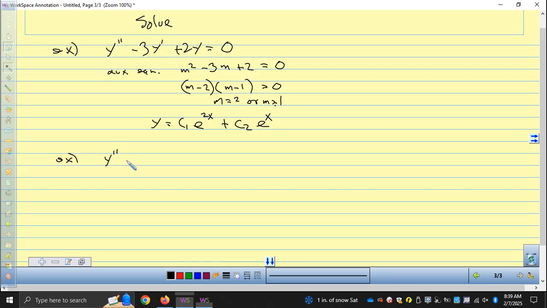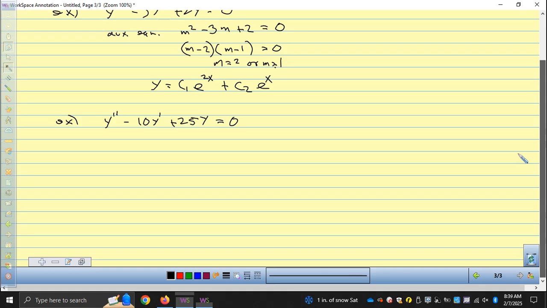y double prime minus 10y prime plus 25y equals 0. Well, our auxiliary equation is m squared minus 10m plus 25 equals 0.